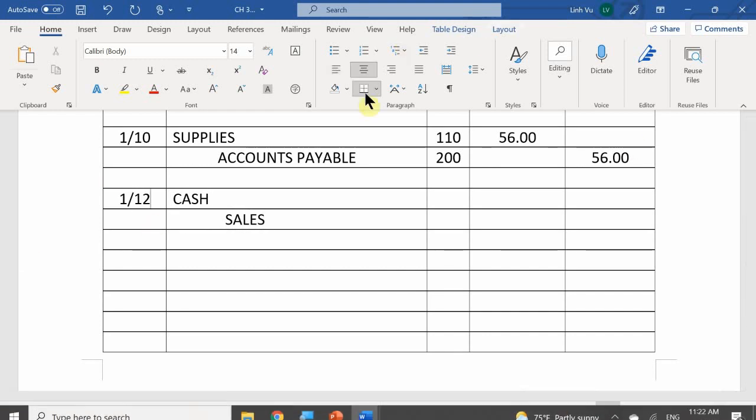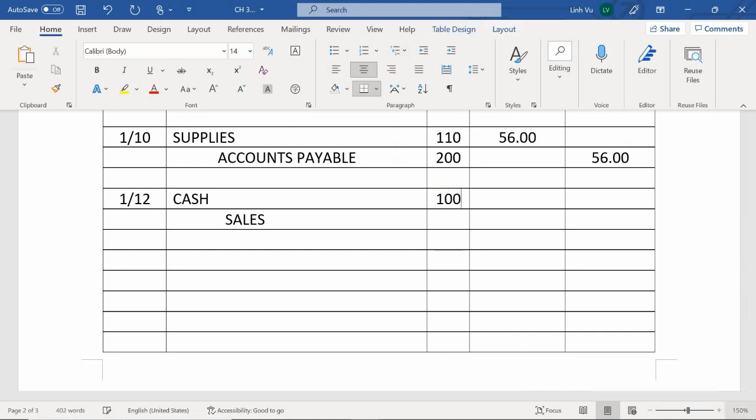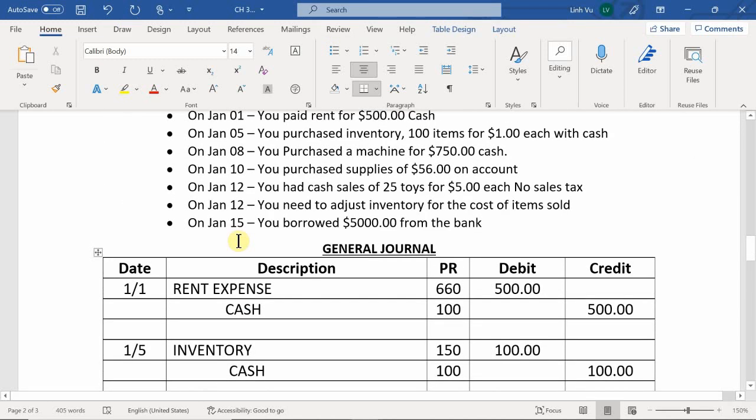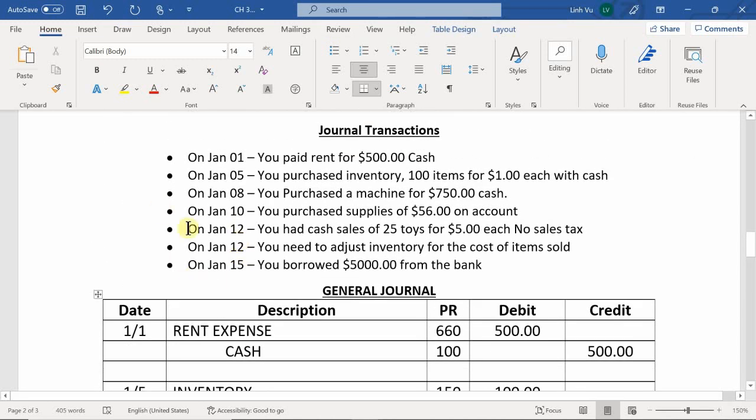So therefore, account number 100 and sales was 410. Now in this case, I sold 25 toys for $5 each, which was calculated as $125. So therefore, I increased my cash flow by $125. Good.